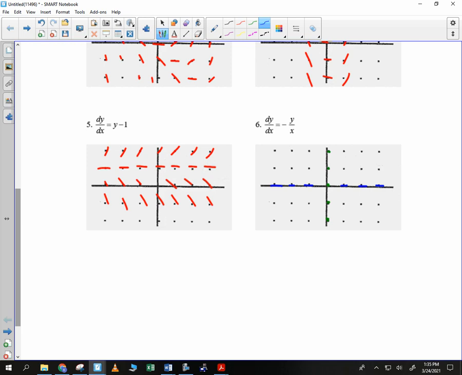So what will the slope be? -1. This point is -1, 1. So the slope will be 1. -1, -1. So that will make -1, and this will be +1.